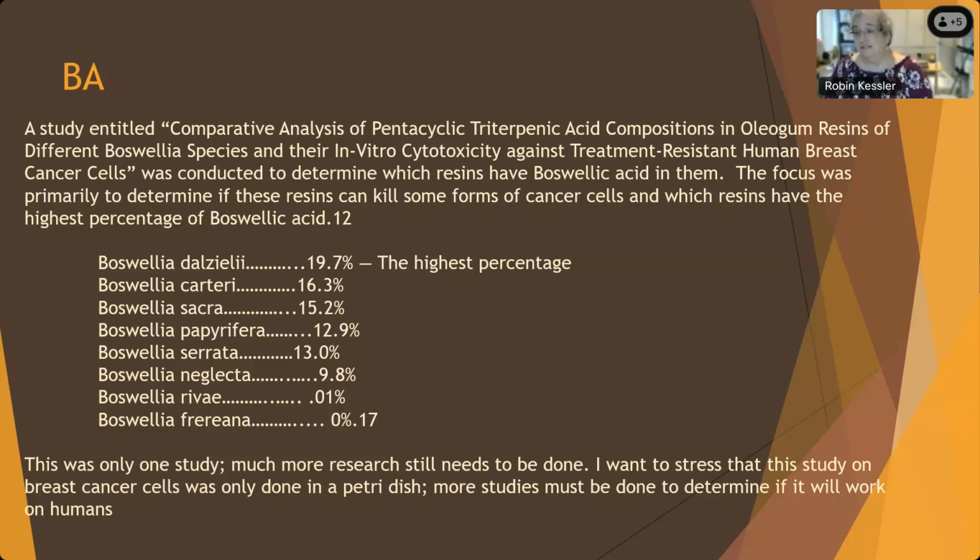All these resins have boswellic acid in them, but they also have alpha-pinene, alpha-thujene, limonene. They have all different chemicals in them. The only thing that's left over in the biomass is the BA. The other chemicals that are in it are negligible.